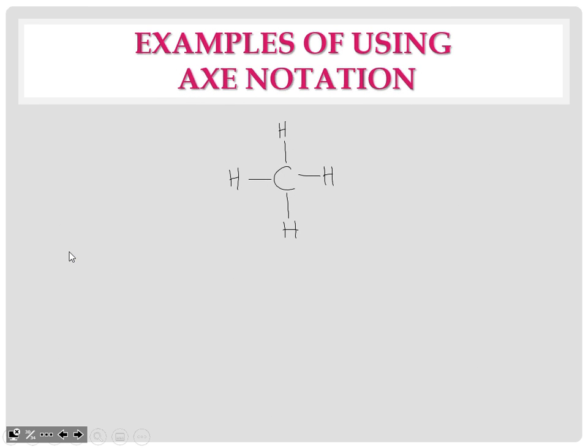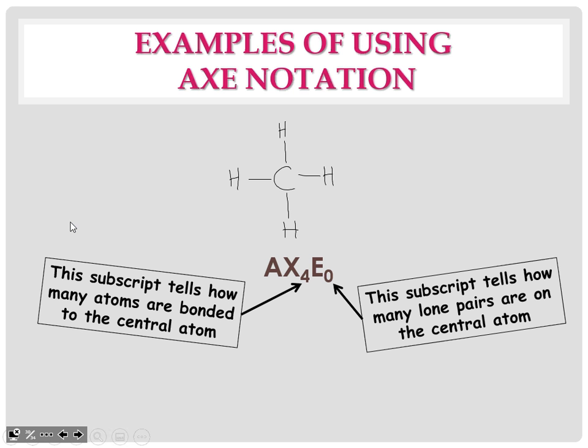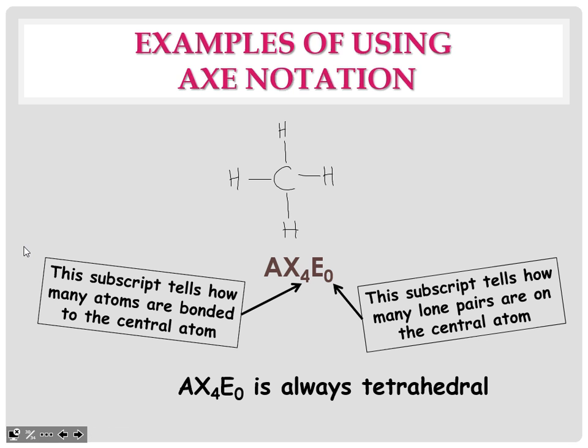Here is methane, CH4. So when I ax that, I have AX4E0, which tells me that that is tetrahedral. So I go through it and I find my tetrahedral, and my tetrahedral looks as so.